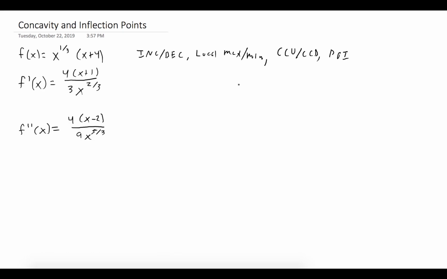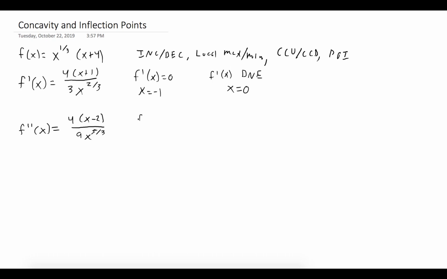Off camera, I found the first and second derivative, and so what we need to do is figure out when our derivative is equal to 0 and when it doesn't exist. So f prime of x equals 0 when x equals -1. F prime of x is undefined, well, when the denominator is 0, so when x equals 0. Okay, and then the second derivative, we're going to do the same thing.